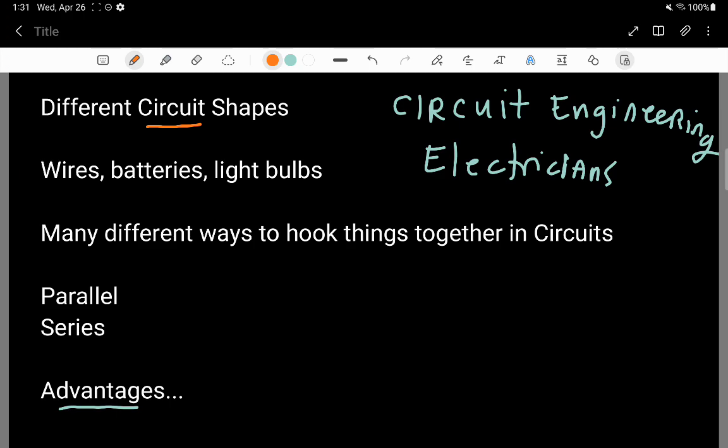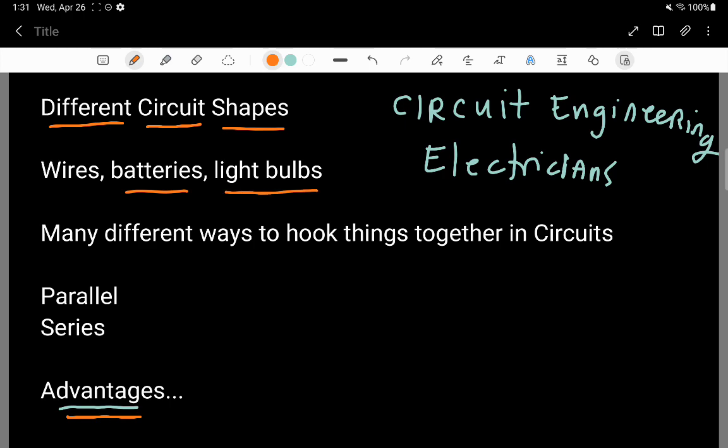Okay, but there can be many different types of circuit shapes, right? Depending on how many batteries you're going to put into your circuit. Maybe you want to use 2 batteries or 3 batteries because there are various advantages to making that choice.